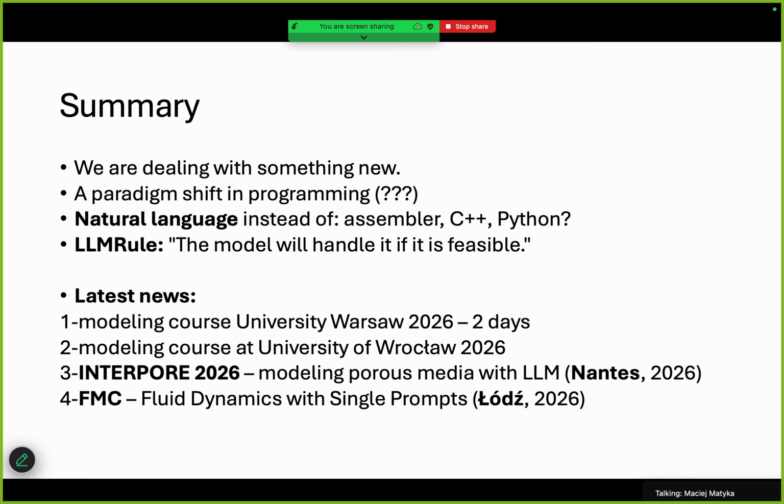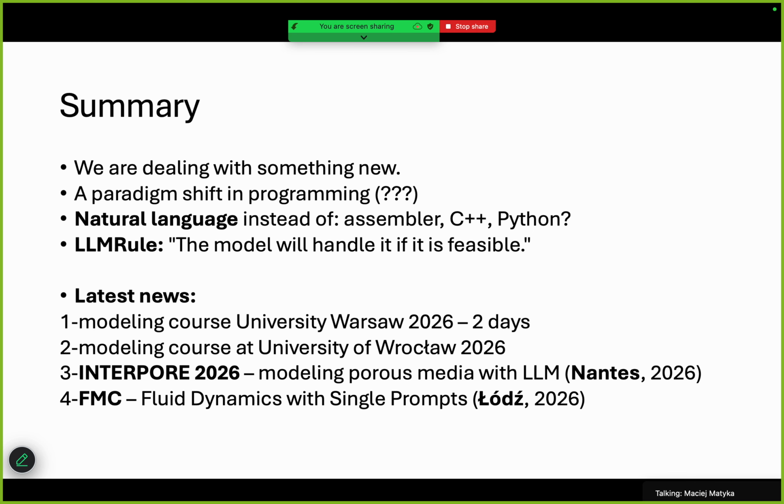Okay, I was asked by Piotr, I don't know how it will be after this seminar, so we'll see, but maybe there will be a chance to meet me at the University of Warsaw to give 1 or 2 lectures on Piotr's modeling course for 2 days, so we'll see in 2026.